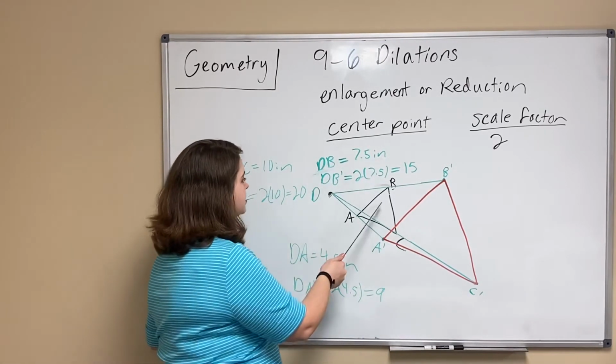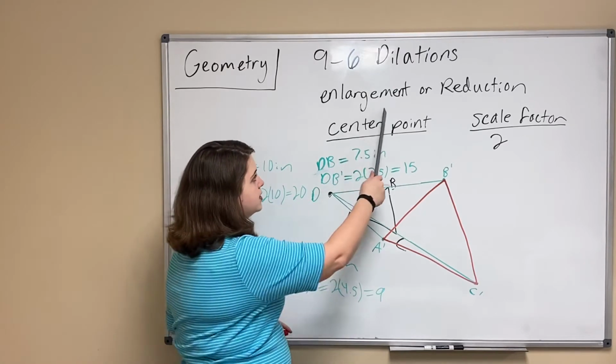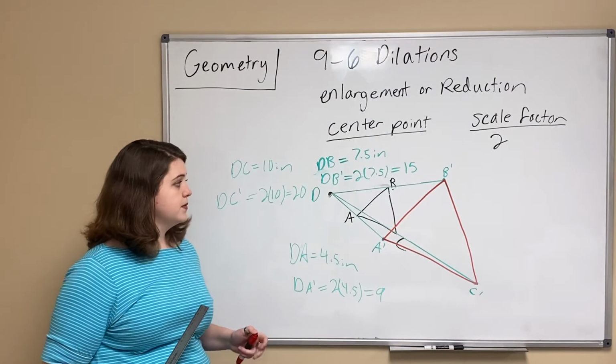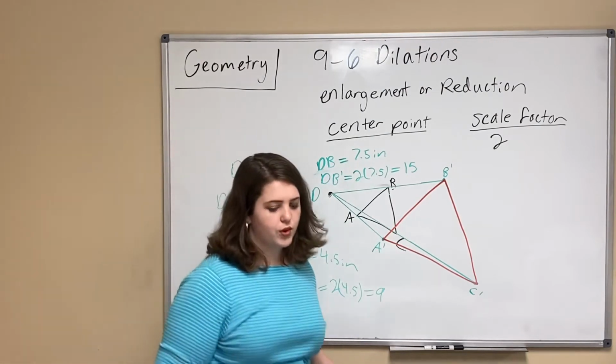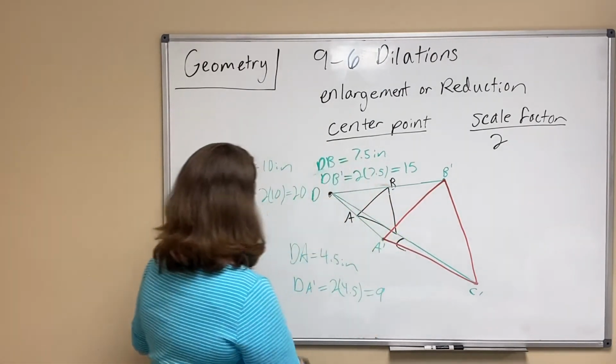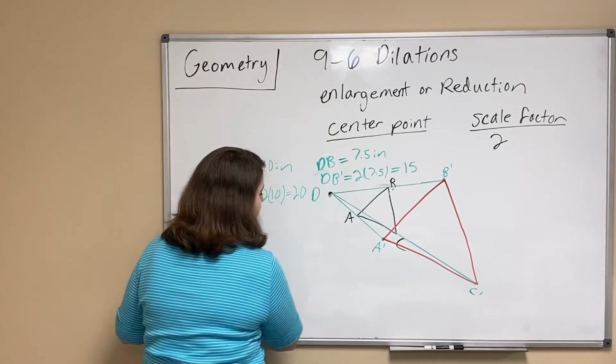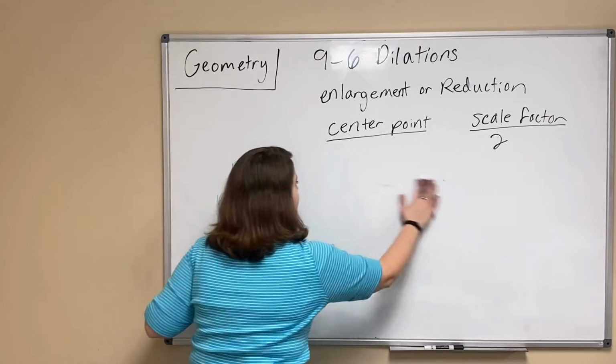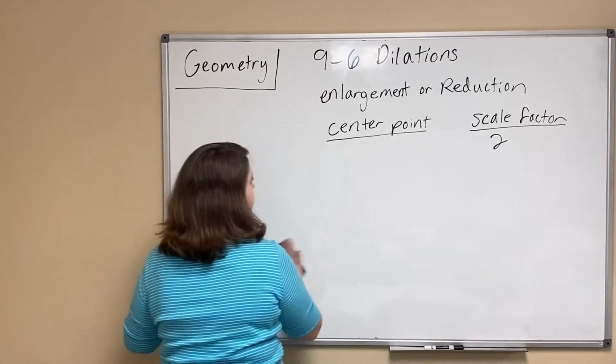I've taken our original triangle and enlarged it by a scale factor of 2. Now this is all on paper, so what do I do if it's in the coordinate plane? You guys have some experience enlarging shapes or reducing them in the coordinate plane.